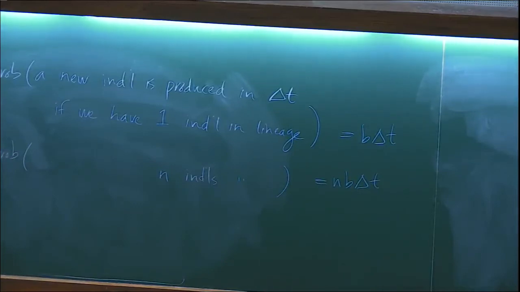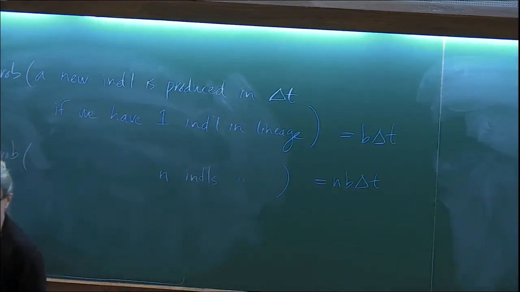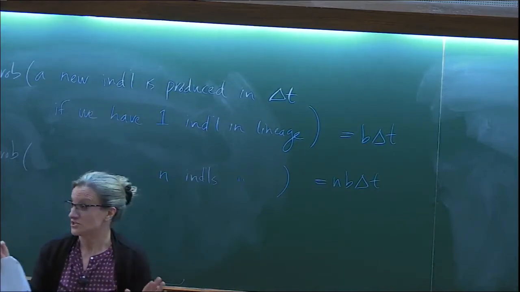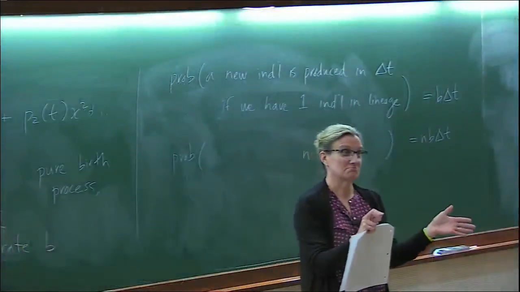So the trick to deriving these things is to just have your probability generating function at time t, which looks exactly like this. And then we're just going to step forward delta t and make changes, whatever we need to change between t and t plus delta t.